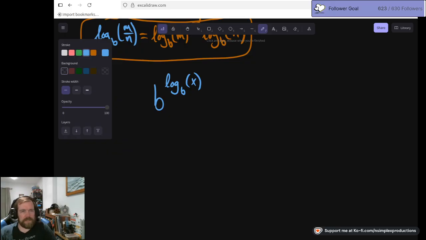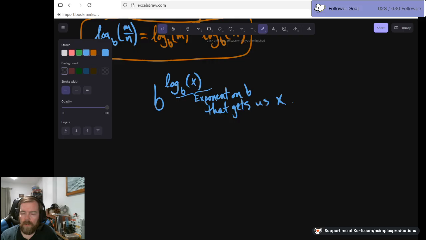So log base b of x is looking for the exponent on b that gets us x. And if the log base b of x is the exponent on b that gets us x, then that gets us x.